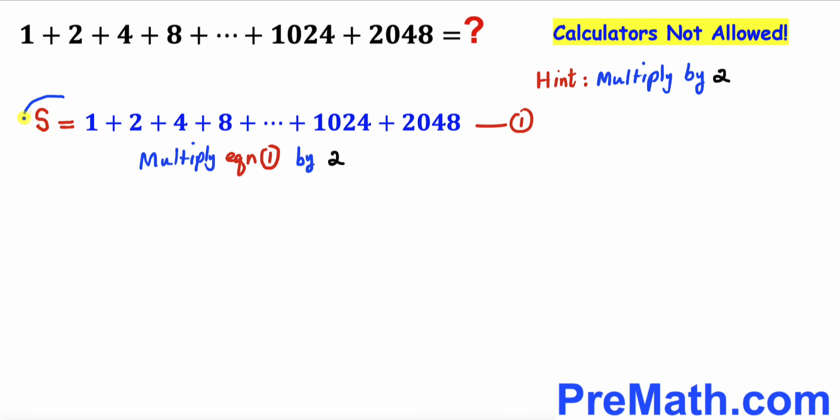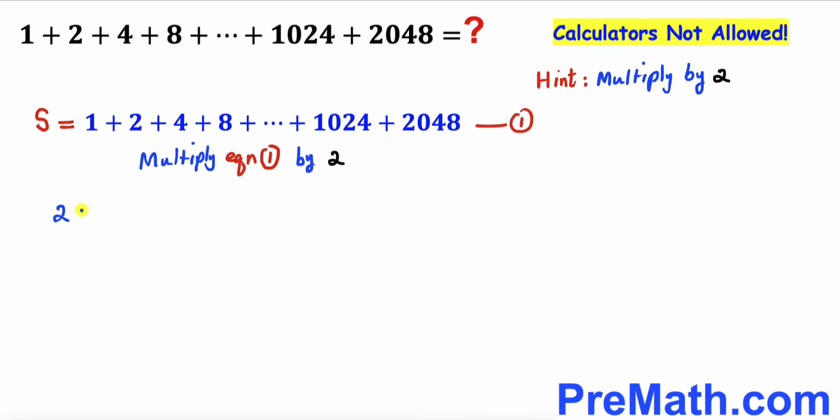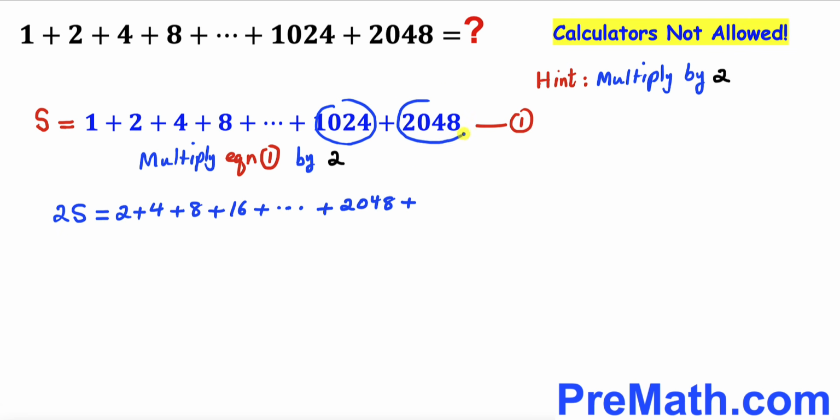When we multiply each and every term of this equation, we get 2 times S equals 2 plus 4 plus 8 plus 16 plus dot dot dot plus, when we multiply 1024 by 2, 2048, plus, and finally when we multiply 2048 by 2, 4096.